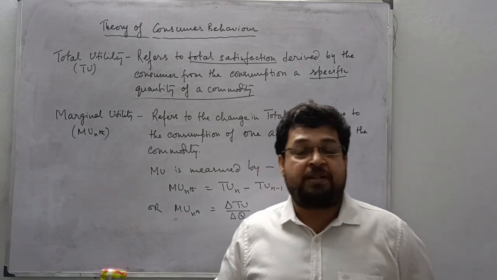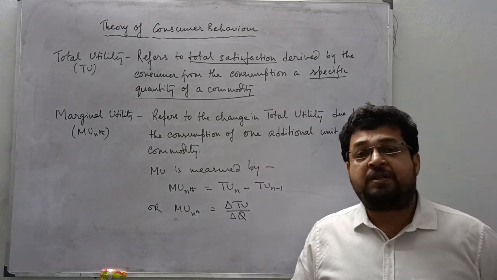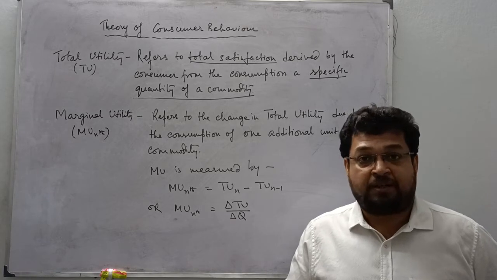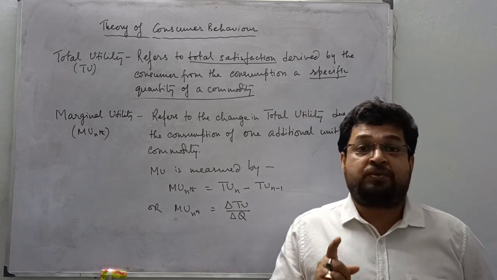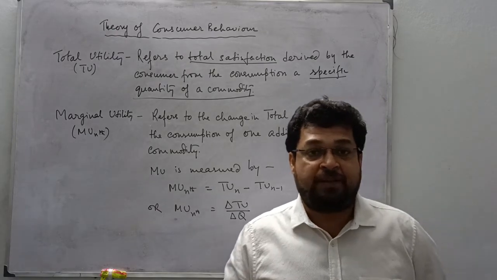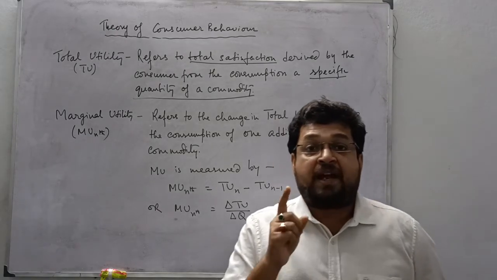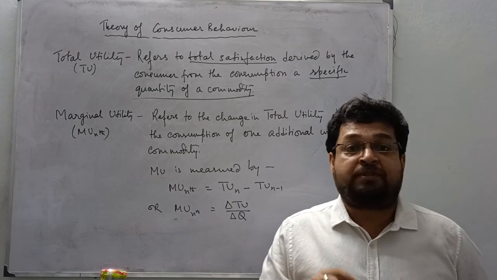Whereas what is marginal utility? It refers to the change in total utility. Please be very careful. Marginal utility refers to the change in total utility due to an additional unit consumption of a commodity.